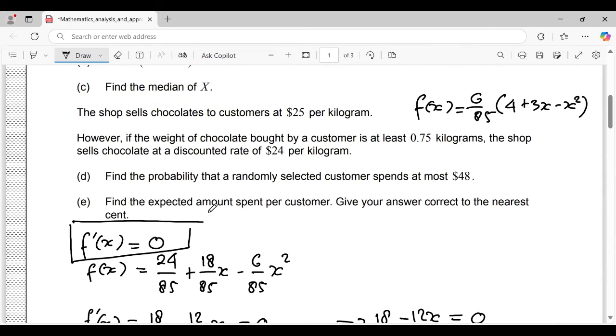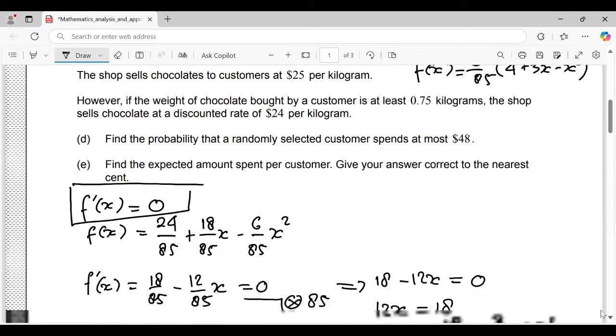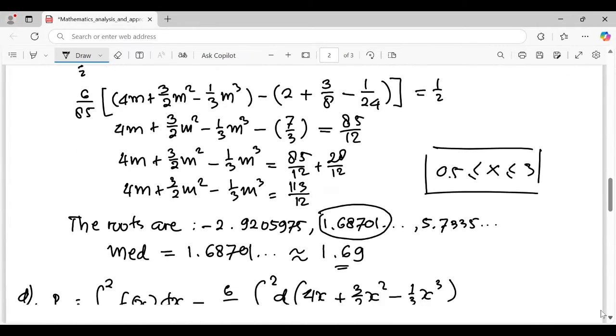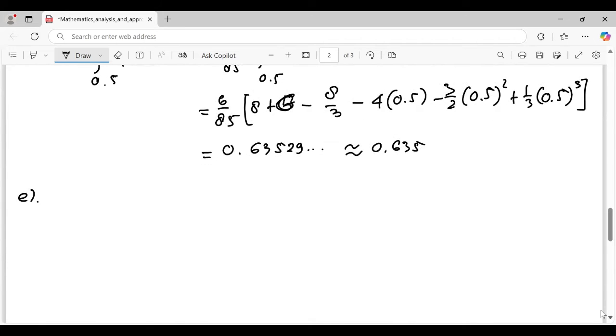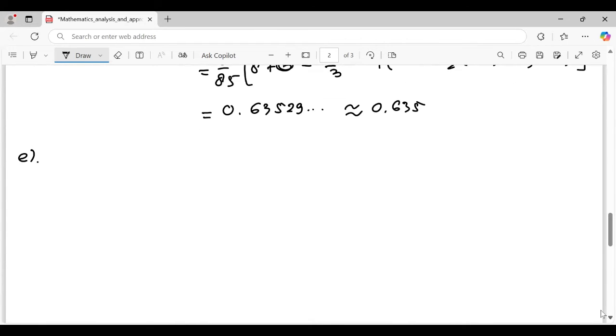Find the expected amount spent per customer. Give your answer correct to the nearest cent. We are going to find how much money the customer spent for chocolate.